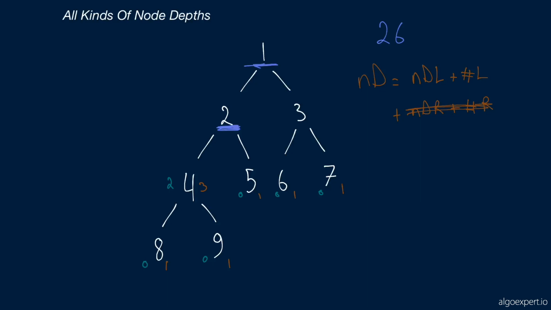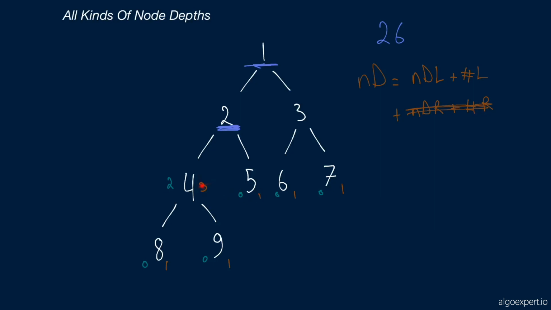Now we move on to the tree rooted at 2. So ND, node depths for the tree rooted at 2. Remember, ND here I think was equal to 6. We had a 6 here for the 2. But let's apply our formula. NDL, the node depths in the left subtree, is equal to 2, plus the number of nodes in the left subtree, which is equal to 3, plus NDR, 0, plus number R, 1.